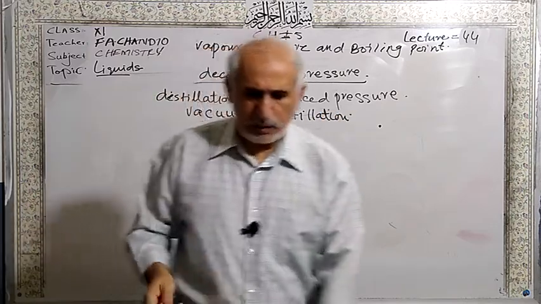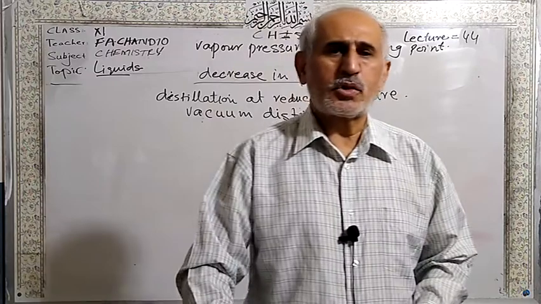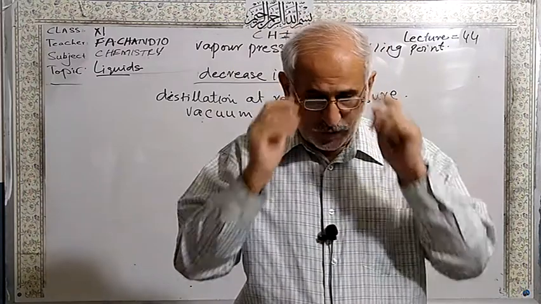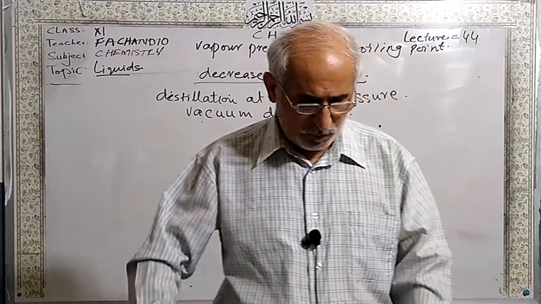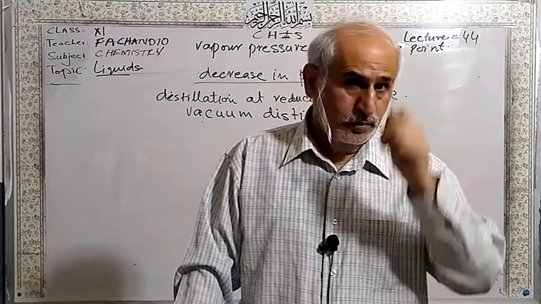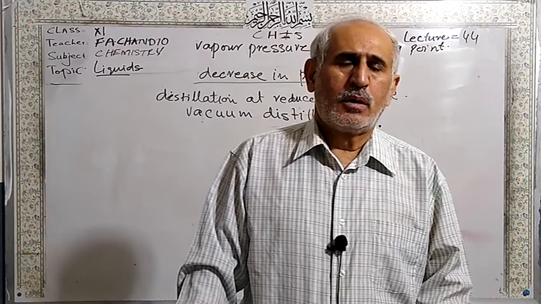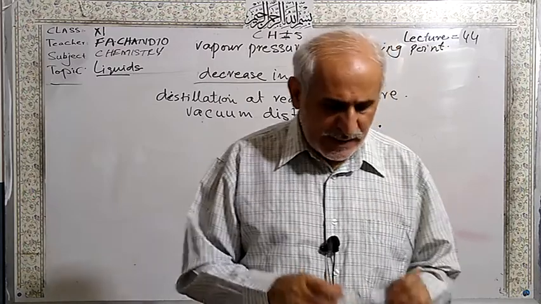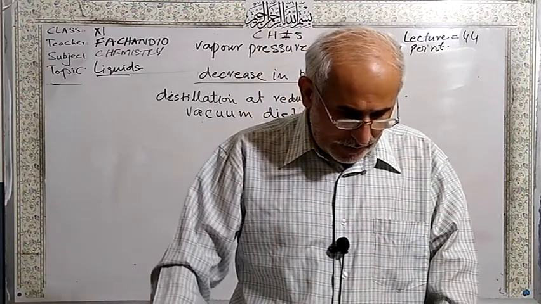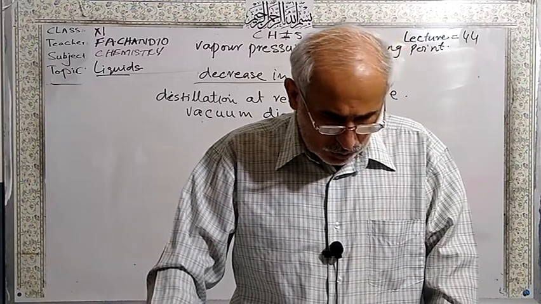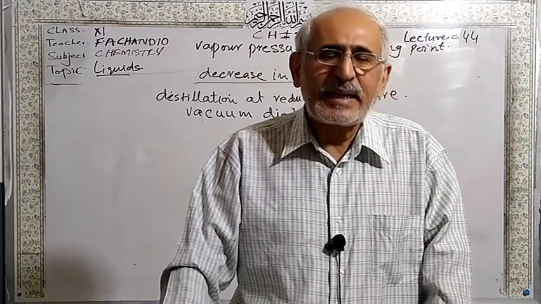This is a very useful method to separate a liquid from its impurities. How? You know glycerol, a high boiling liquid. It has a normal boiling point of about 290 degrees Celsius.